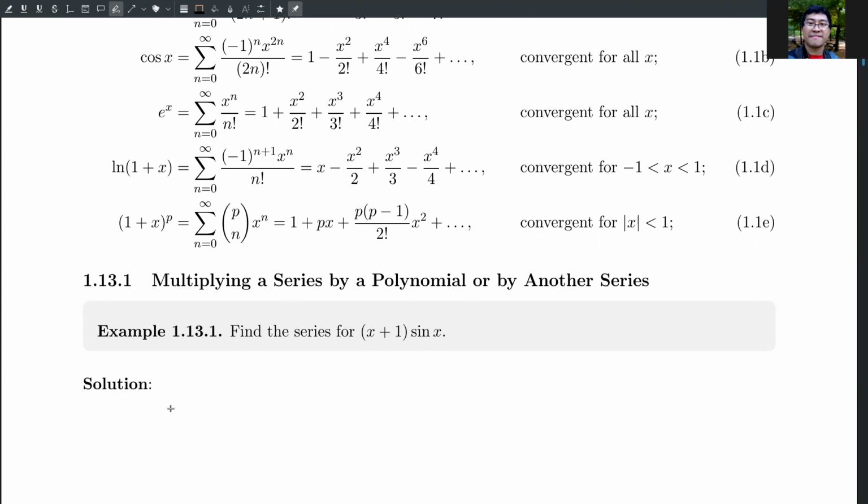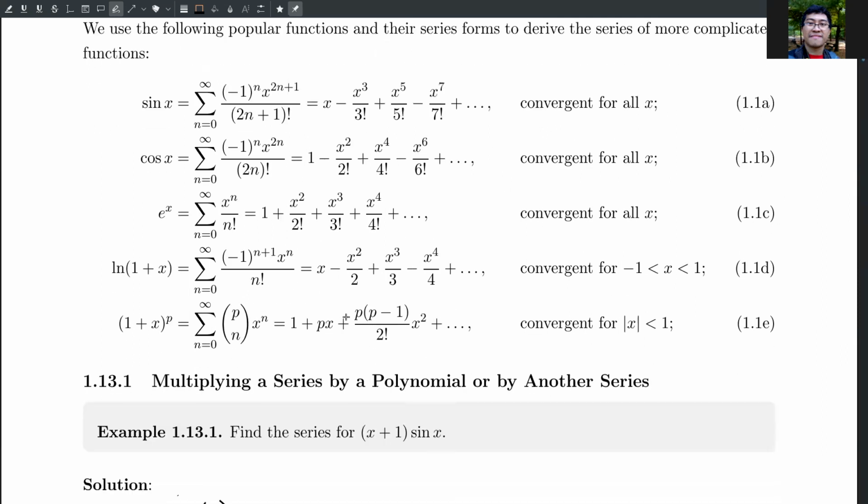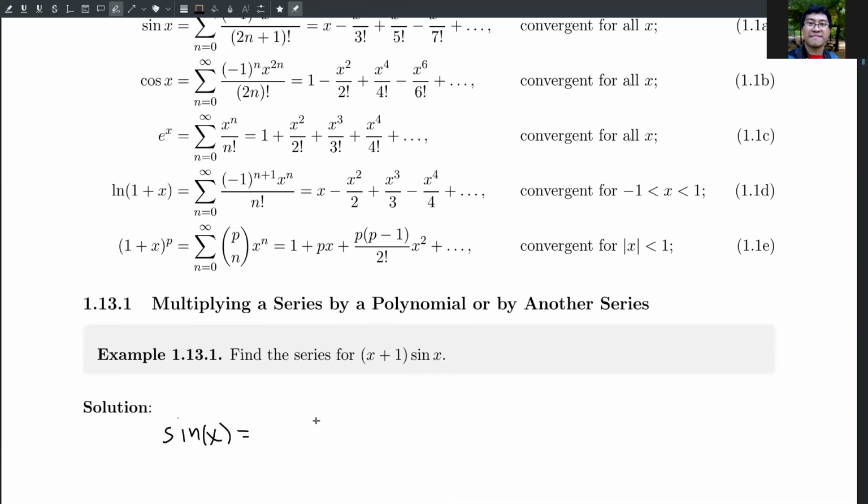We know that sine of x can be written as x minus x cubed over 3 factorial plus x fifth over 5 factorial minus x seventh over 7 factorial, and so on.